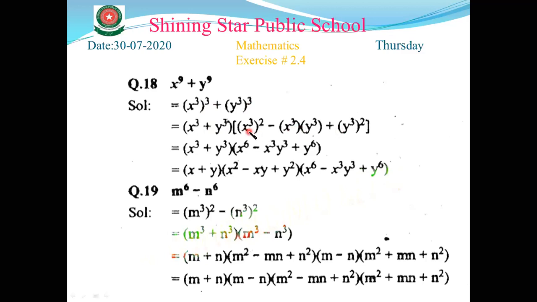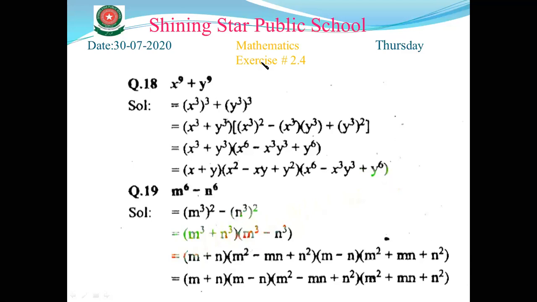A square means x cube whole square, minus x cube y cube multiplied, plus y cube whole square, which is b square. So we get x power 6, x cube y cube, and y power 6.